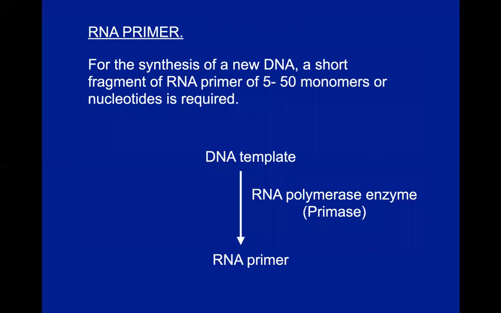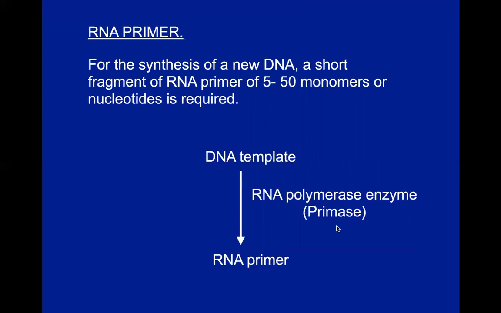So RNA primer, how do you get the RNA primer? For the synthesis of a new DNA, a short fragment of RNA primer, 5 to 50 monomers or nucleotides, is required. So from the DNA template, one RNA polymerase enzyme called primase enzyme synthesizes an RNA primer. So it builds complementary base pairs to the DNA template.